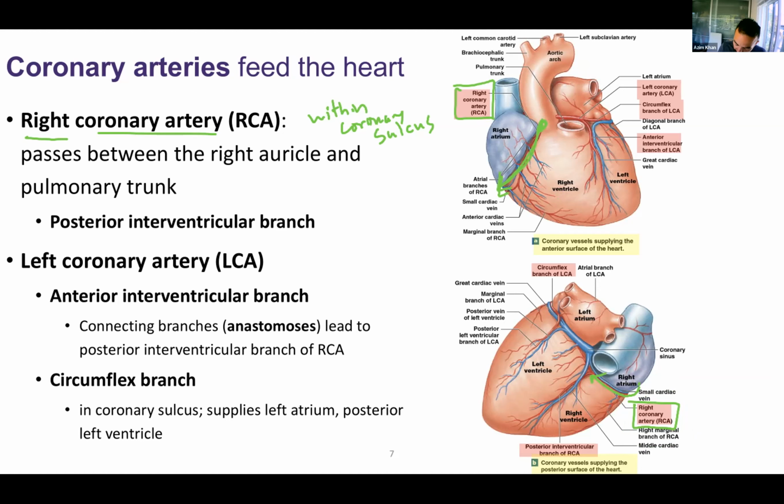This right coronary artery has a major branch that goes within the posterior interventricular sulcus. Let me color this orange. That's the posterior interventricular branch of the right coronary artery. You can just call it the posterior interventricular branch.